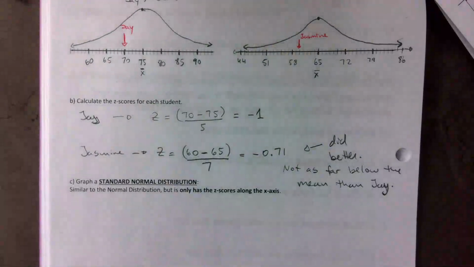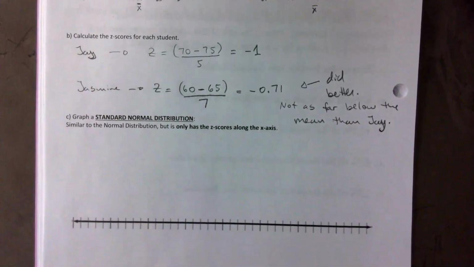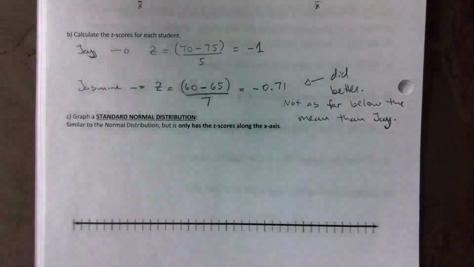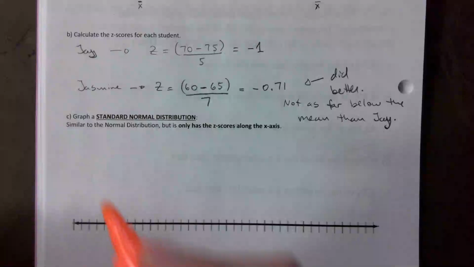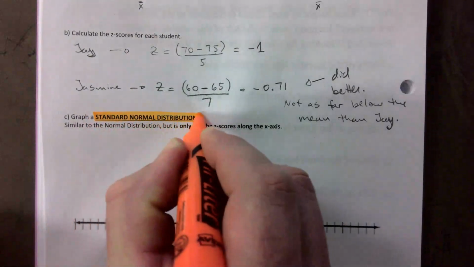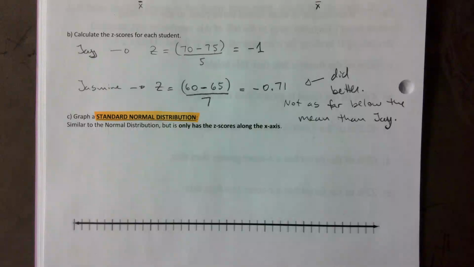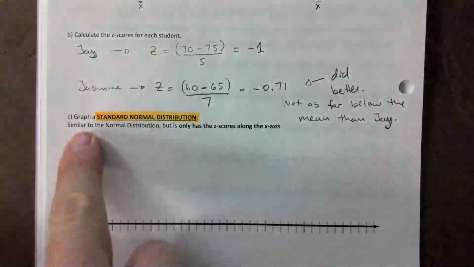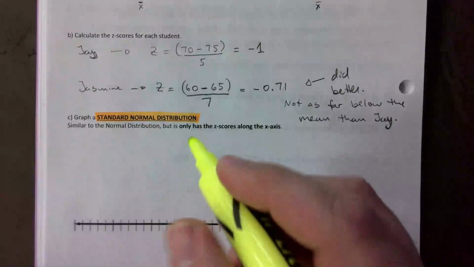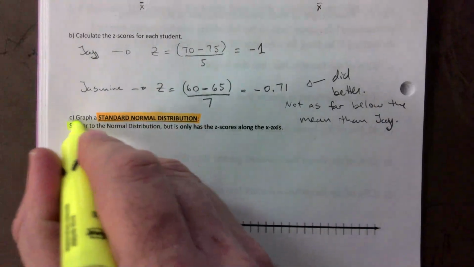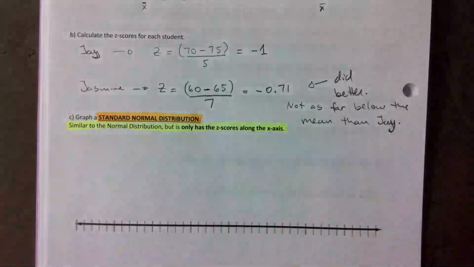So here it is, folks. One more time, I'm going to talk about the standard normal distribution. It is similar to the normal distribution, but it only has z-scores.